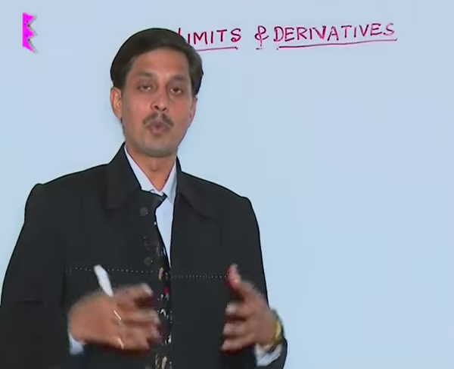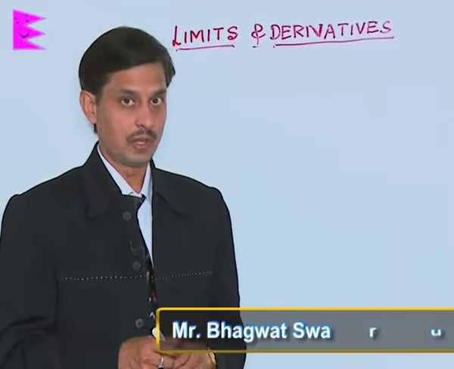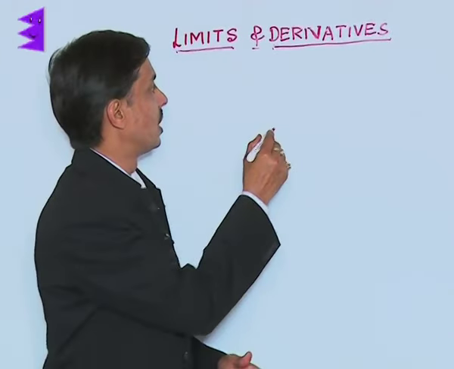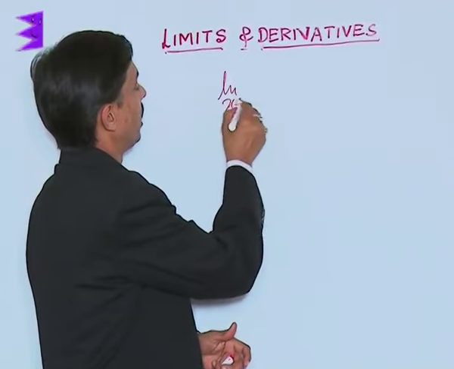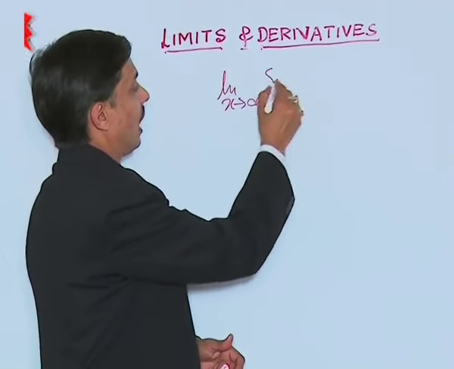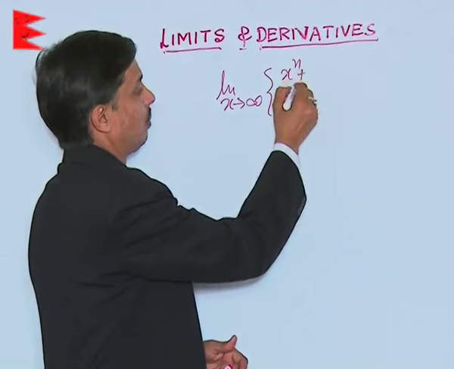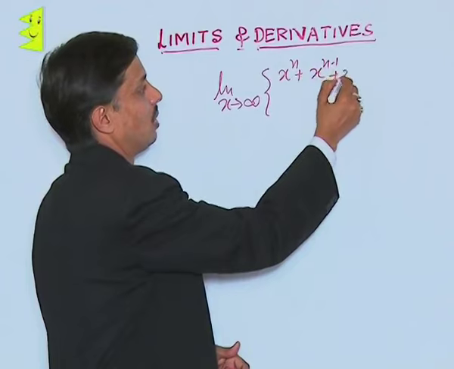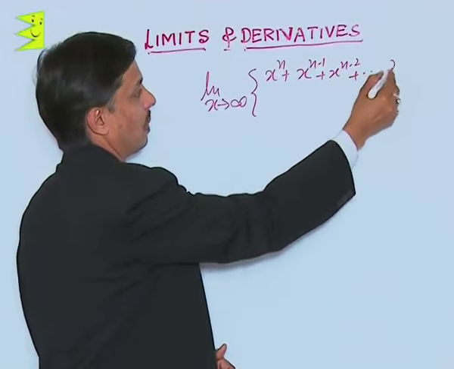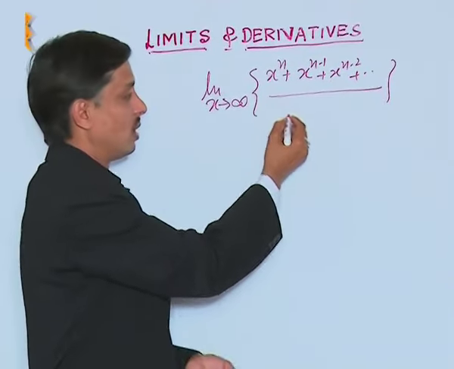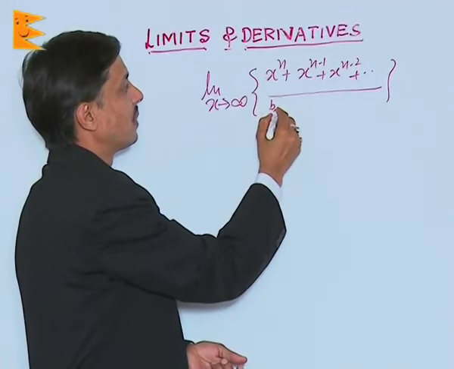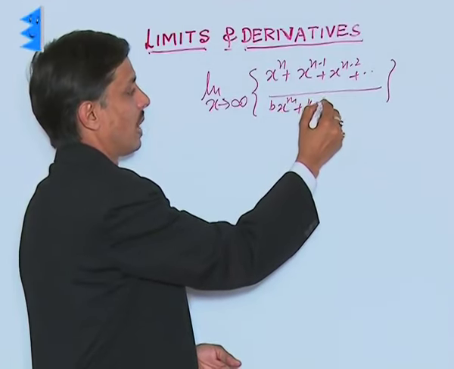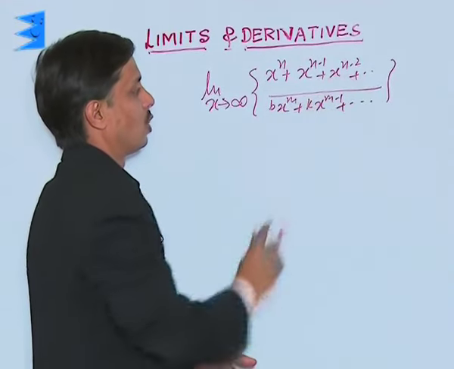Now one more type of problems based on limits. If the limit is tending to infinity, in general, take limit as x tends to infinity of x to the power n plus, say for example, x to the power n minus 1 plus x to the power n minus 2 plus dot dot dot, upon some expression like b x to the power m plus k x to the power m minus 1 plus dot dot dot.